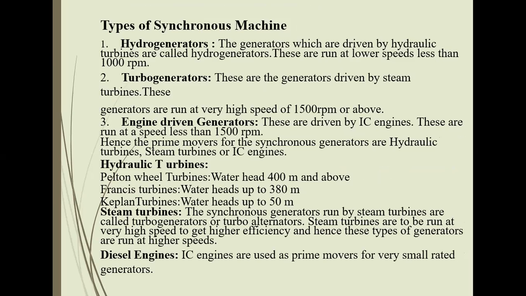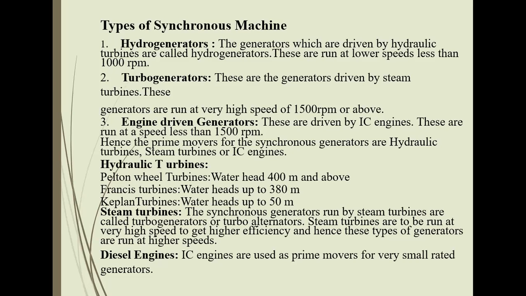The first three types, hydro generators, turbo generators and engine driven generators, are used for power stations. These are somewhat bigger machines, and we have different speed ranges. These are all prime movers: hydraulic turbine, steam turbine, diesel turbine.